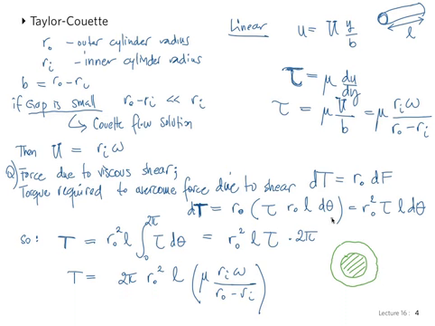So we have some angle d theta, and the distance, this area, we're going to integrate between 0 and 2 pi, and it's multiplied by L in the direction perpendicular to that picture.